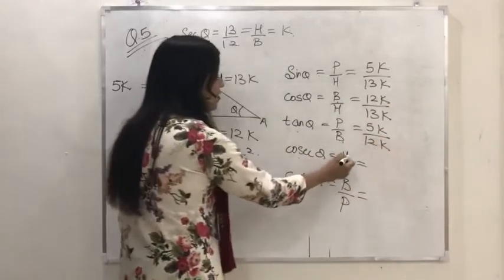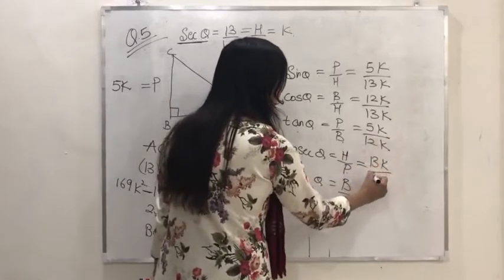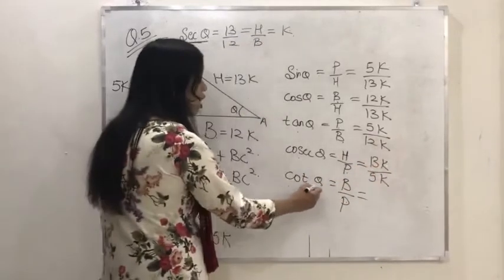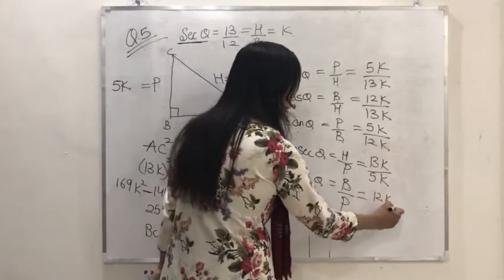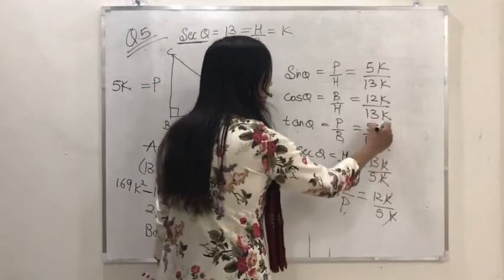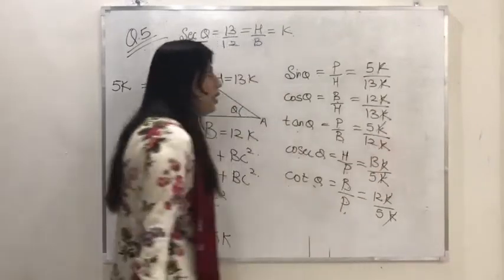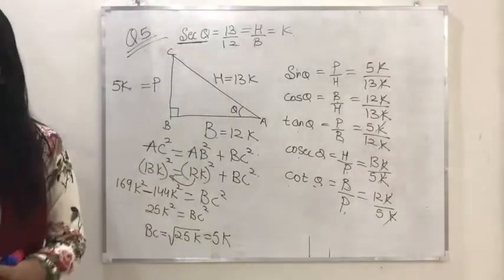Then cosec is hypotenuse upon perpendicular, so it will be 13k upon 5k. And lastly, cot theta is base upon perpendicular, so it will be 12k upon 5k. So from all the ratios, you will cancel the k. So you will get the values of remaining trigonometric ratios.